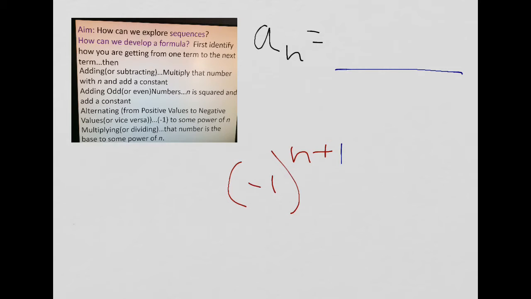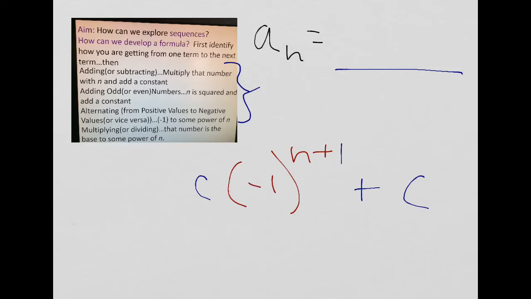And there could be a combination of things here, but the most apparent one is maybe we're adding some sort of constant. Not really sure. Maybe we're multiplying by that constant. We will see.